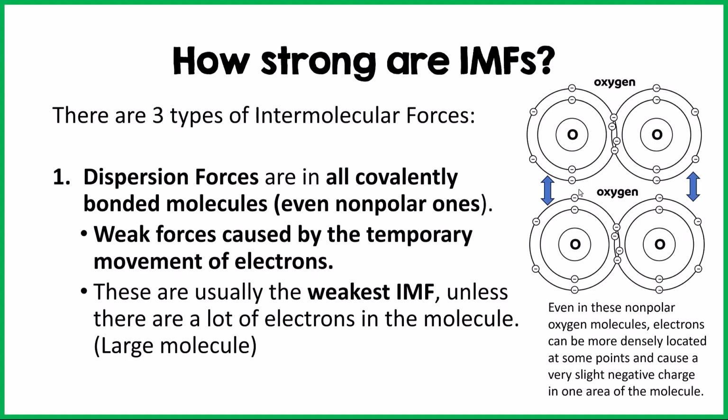That can allow these molecules to be attracted to each other in a very weak way, as the slightly positive side of one is attracted to the less dense electron portion of another.